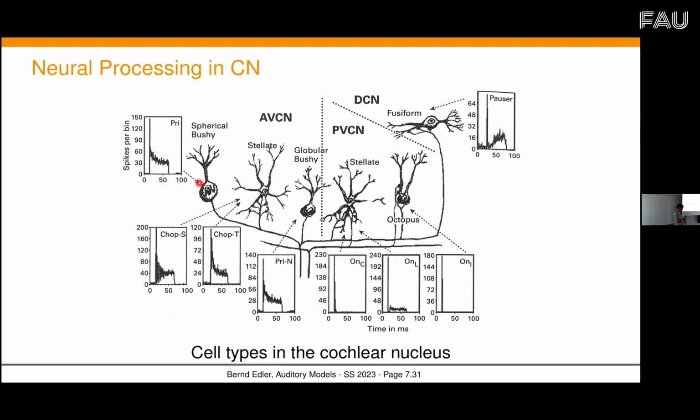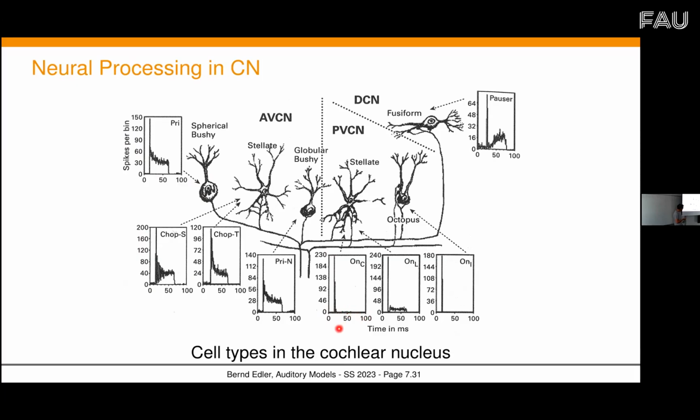It means if a sound is switched on at time 0, then there would be some peak, some overshoot of the firing rate, and then it would go down. And you see that there are some which mainly produce a large spike rate for a very short time, and then there's no more activity.